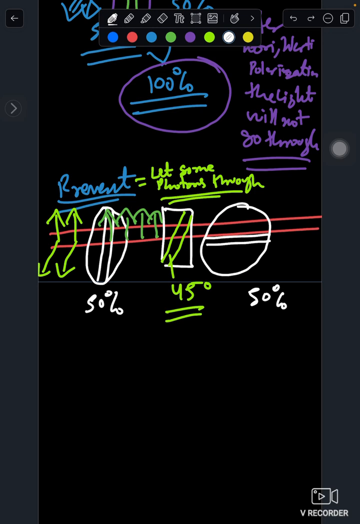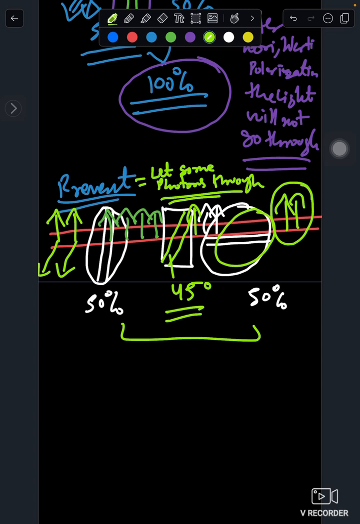These two will go through. Now this will change the effect. From here, some will go through. Let's put 3 go here, and 2 will reach here. If this is 5, this is 3, this is 5, this is 3, and this is 2.